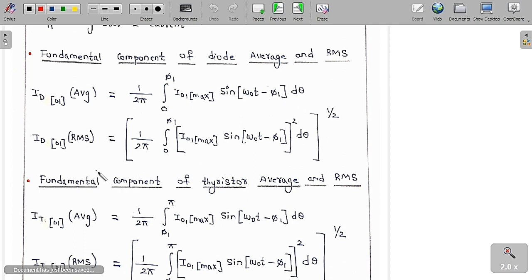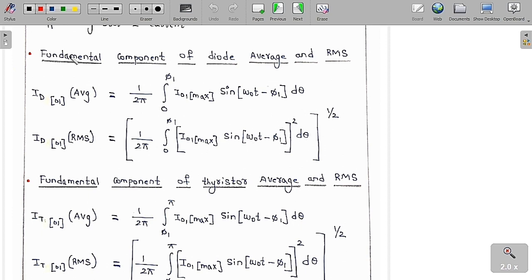Similarly, the RMS value of the fundamental component of the diode current is the square root of 1 by 2 pi integration from 0 to phi 1 of minus I01 max into sine of omega t minus phi 1, whole squared, into d theta.